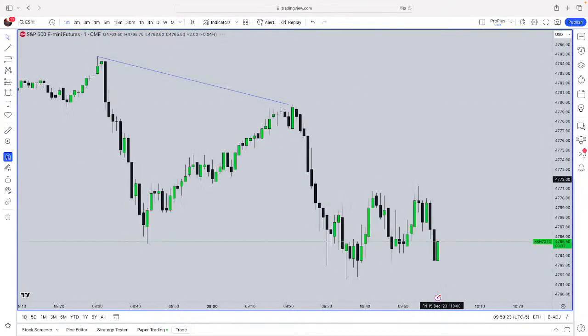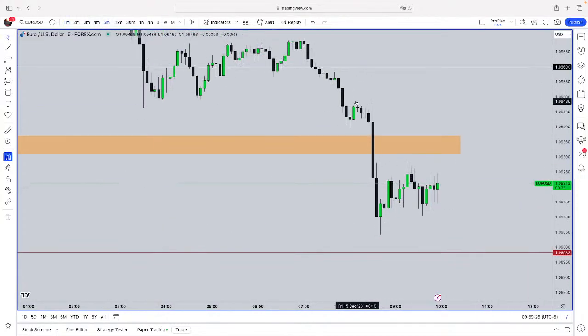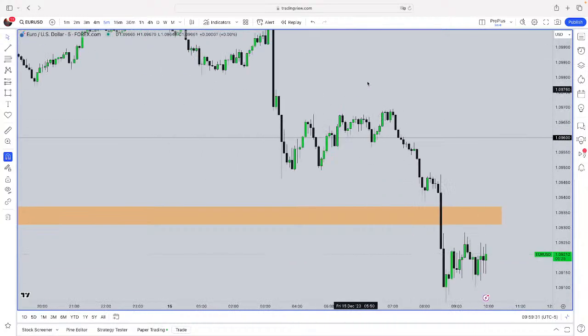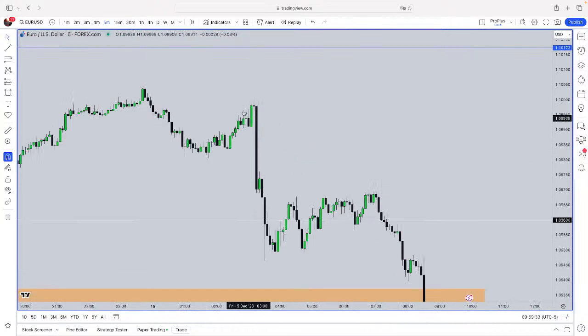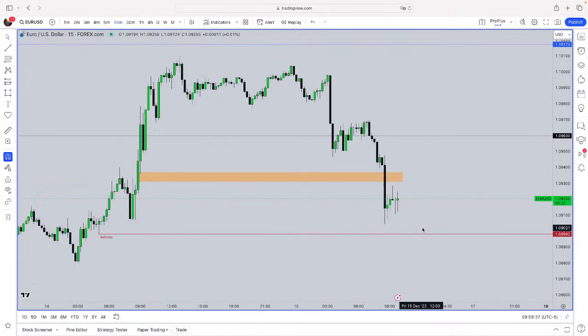Let's see, with Euro, I would only get in Euro if price is trading above here. Then I'll be happy for it to run these equal highs, get into this inefficiency and the highs. But it's not doing anything else.